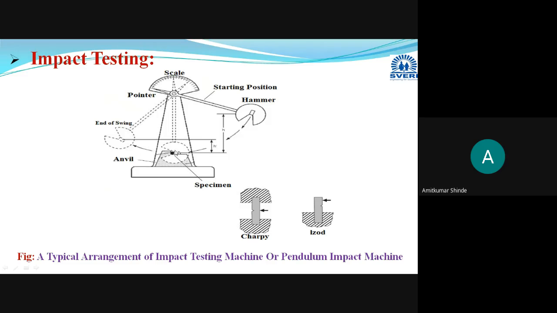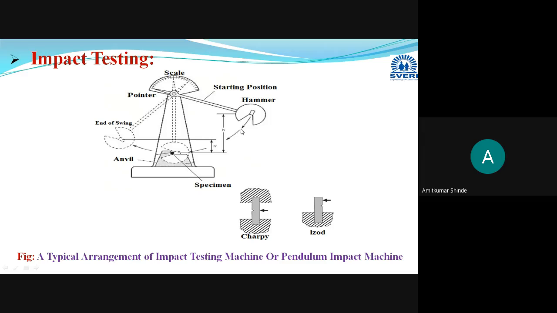Now I will come to the procedure part. This impact testing machine consists of, as I have already explained, a base, then one anvil. The anvil will act as a platform to fix the test specimen. Then one hammer will be there having one tub, and you can use different hammers or different tubs having different weights depending on the impact load needed.